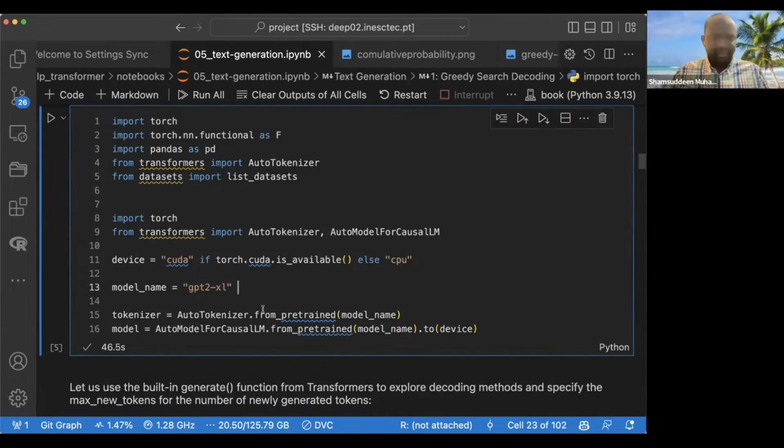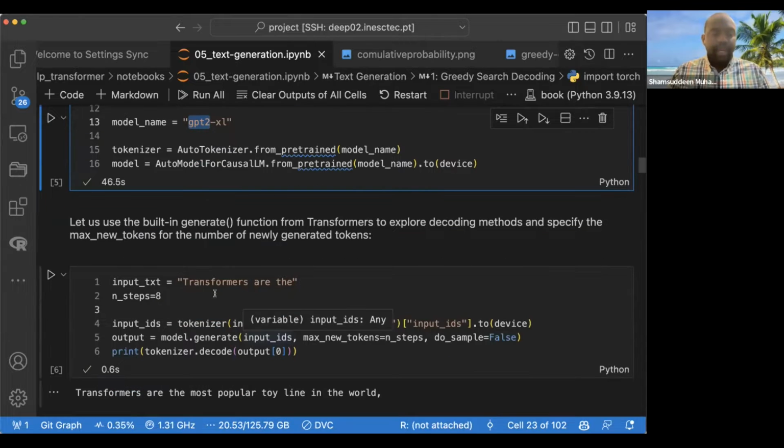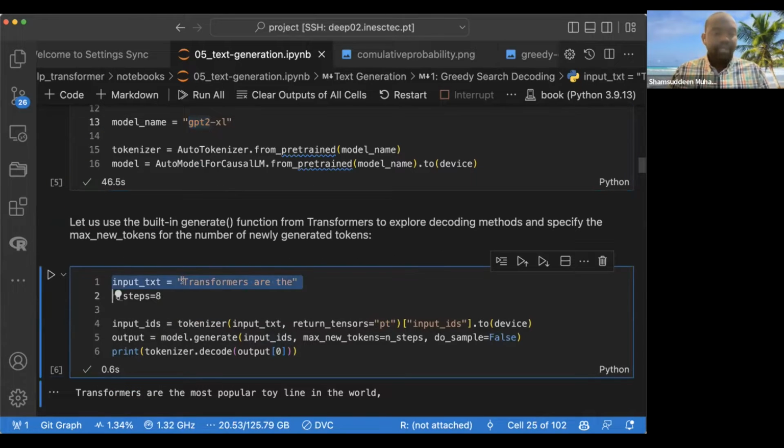Here we select the model, GPT-2, and import it. Then we have the input text that we want as a prompt to give to the model, and we can provide the number of tokens, maybe 8 here.